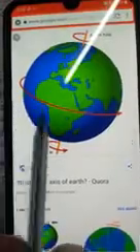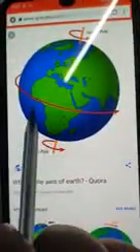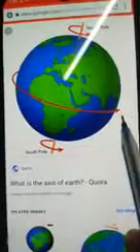Midway between the poles is an imaginary line encircling the earth which is called the equator, or the great circle. You can see in this picture, this line divides the earth into two equal halves.